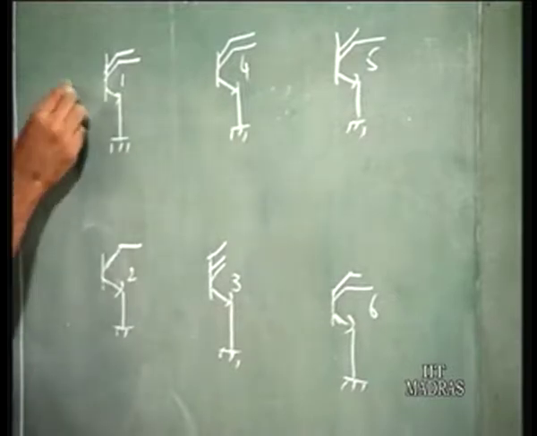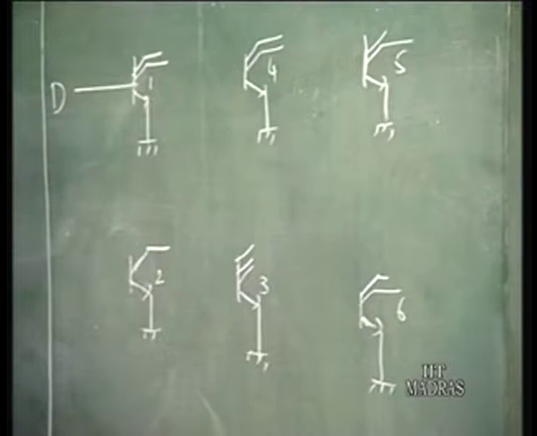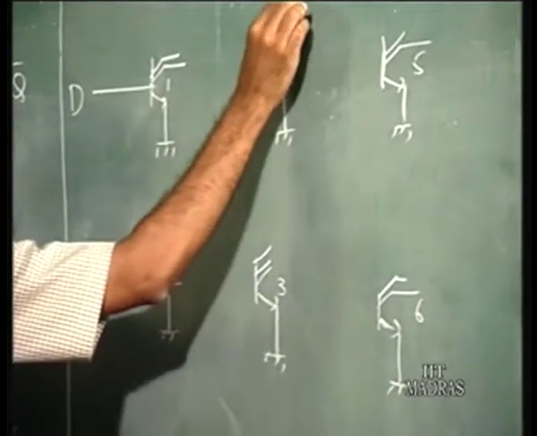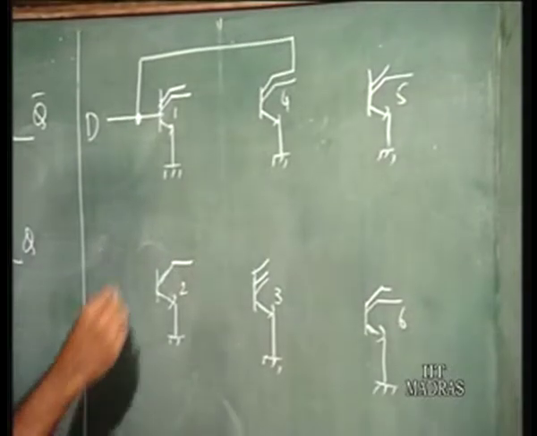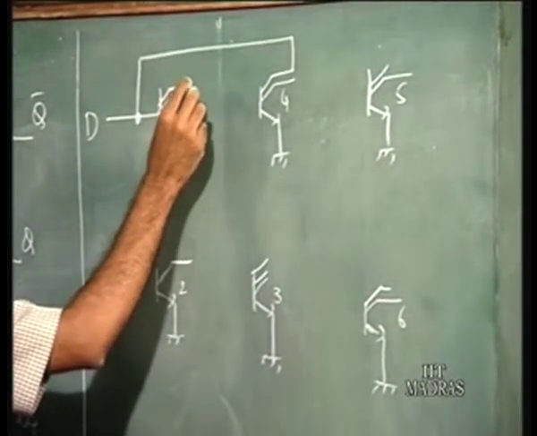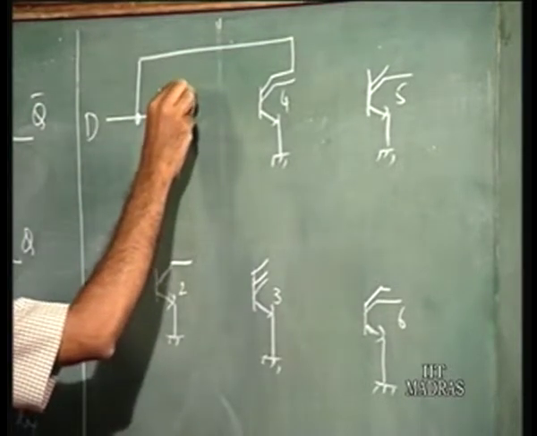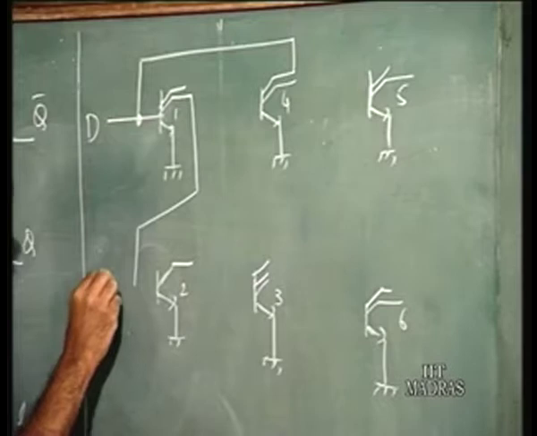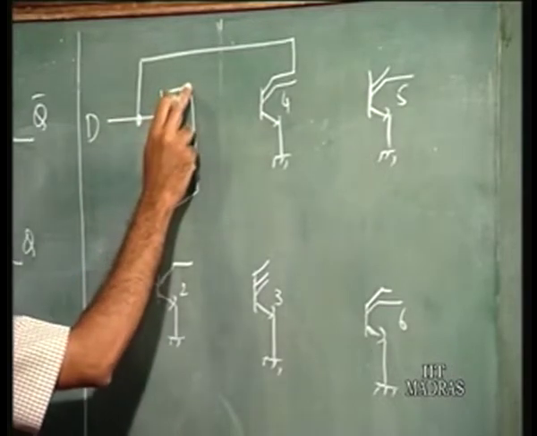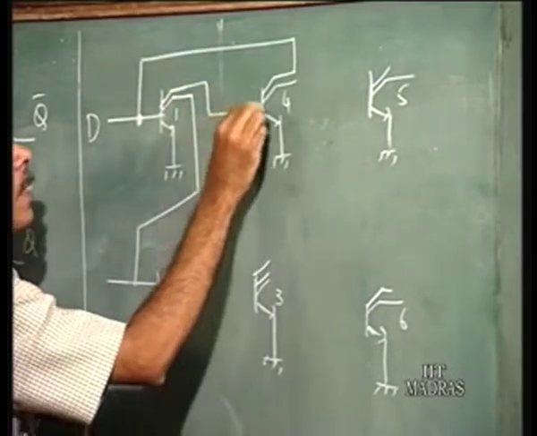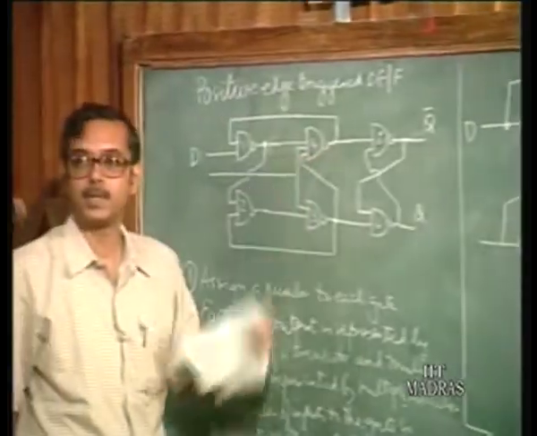So, 1 is coming here. So, this is the D input. From here, you have one connection to this point. From the output of 1, one goes to the input of 2, and the other output of 1 goes to the base of 4, as input to gate 4.